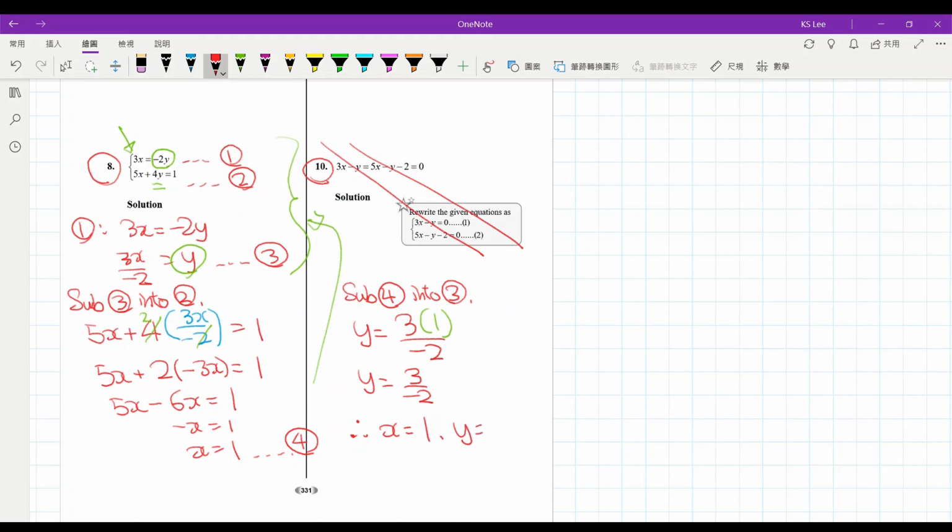Therefore, x is 1 and y is 3 over -2. So that's all.